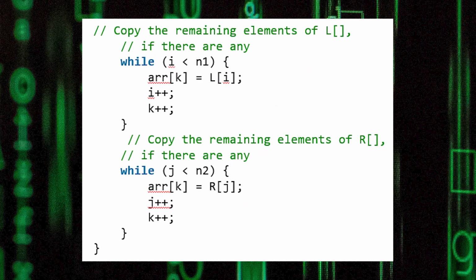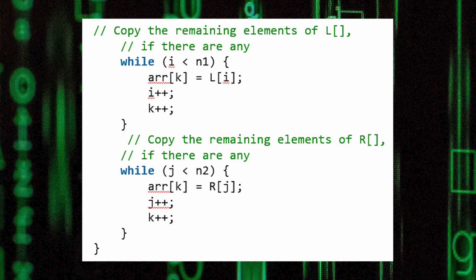This part is for copying the remaining elements of L. If i is less than n1, then the information of L[i] is transferred to array[k]. The remaining elements of R are also transferred to array[k].